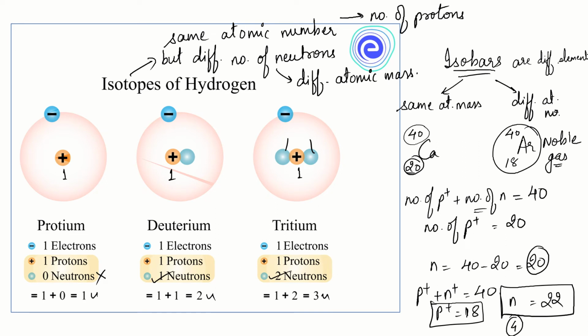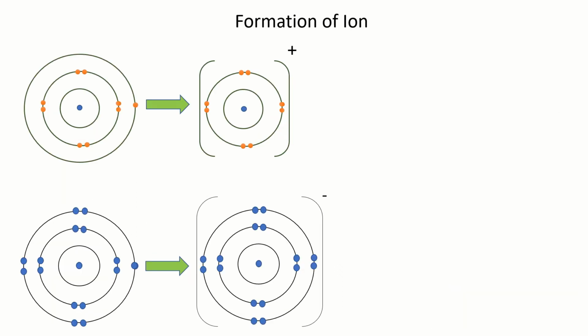Here calcium and argon, the example I discussed, calcium is actually a metal and argon is a non-metal, so you can see that their properties are entirely different. These are two different elements. But when we are discussing isotopes here, protium, deuterium, tritium, they are all basically hydrogen but with different atomic masses.